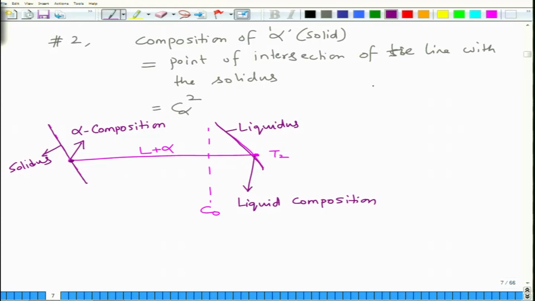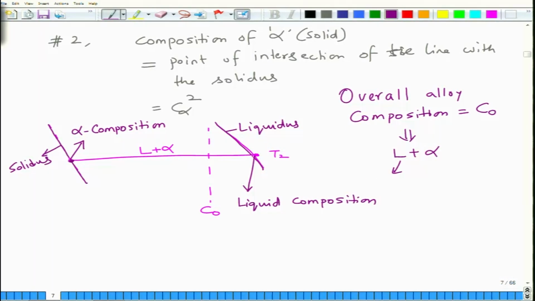So, what you have here is that the overall alloy composition is still C naught. C naught is given in percentage of B or mole fraction of B, but you have two phase equilibrium, liquid plus alpha. Liquid of composition, let us say, Cl2, and alpha of composition C alpha 2.